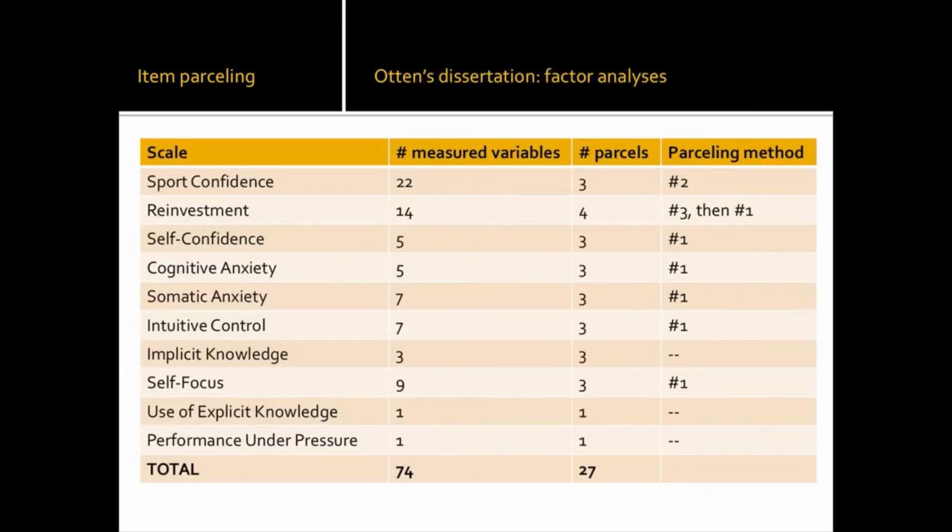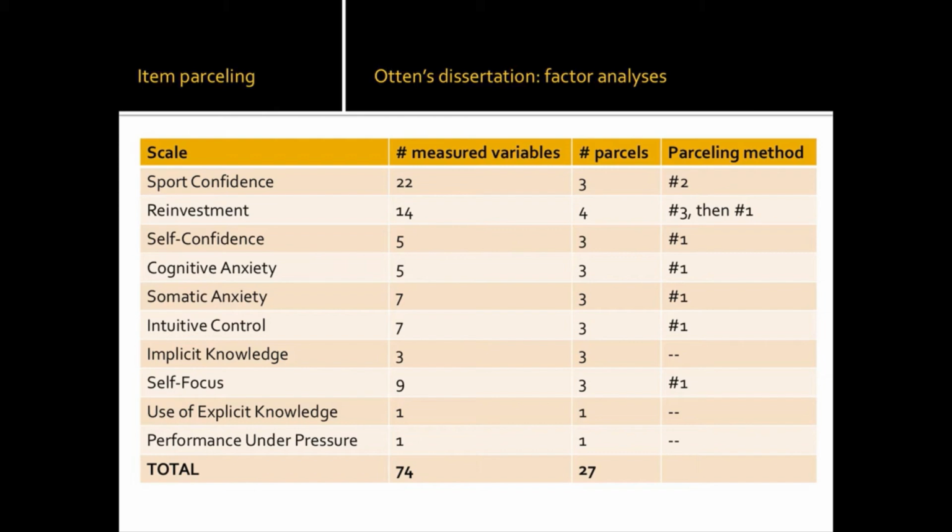For the reinvestment scale, there were 14 items originally and 2 subscales, as I recall, which I mentioned on the slide. There was public self-consciousness and rehearsal. So what I did was I split my scale into 2, which was those 2 subscales, and then two parcels is not really enough to create a latent variable, so I split each of those parcels in half randomly.